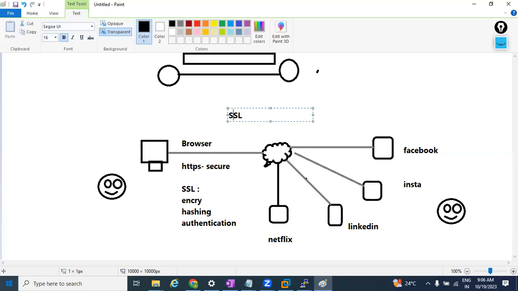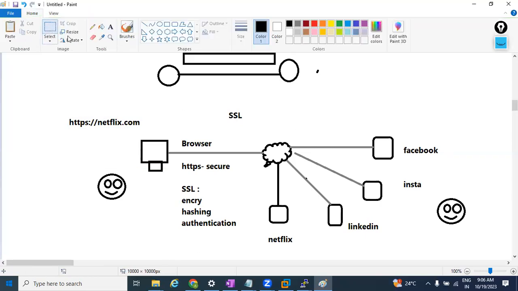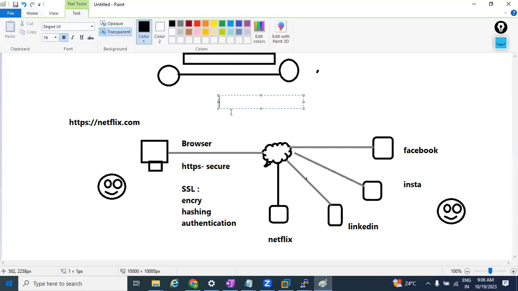And even before SSL, let's consider I'm just browsing HTTPS Netflix. The first step here: HTTPS uses which transport protocol? SSL uses which transport protocol? TCP. For TCP, we have a three-way handshake.